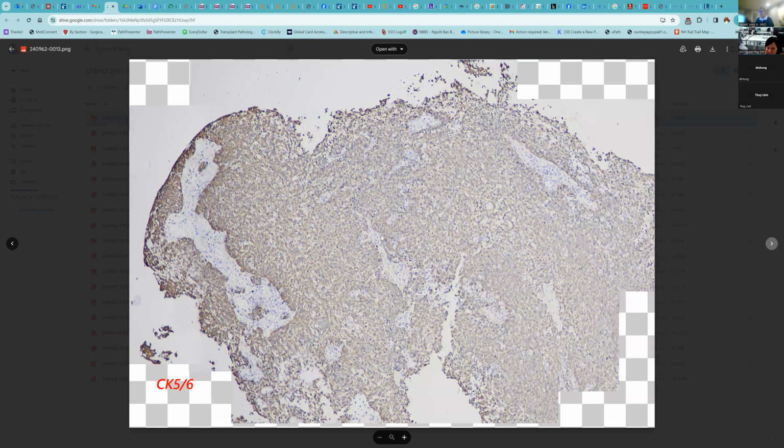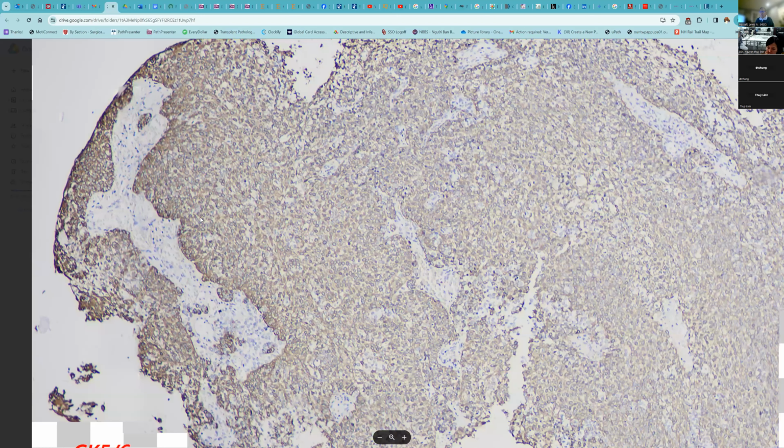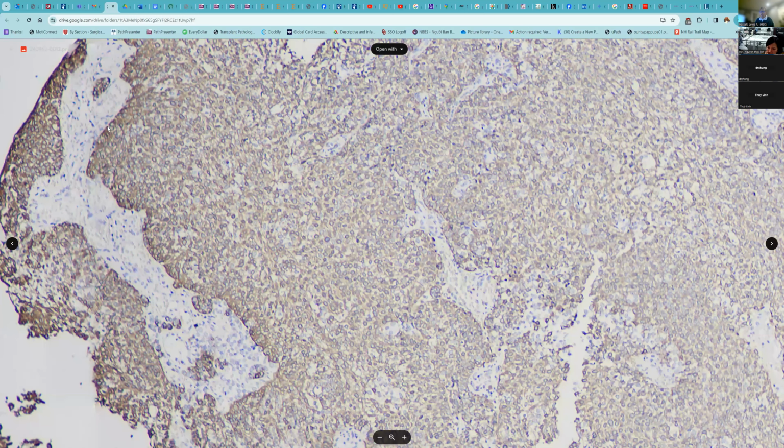And a little bit of CK5/6. This is a little bit on the weak side, but as you see towards the edges, you're getting more staining. So this is, I think, a weak positive stain with CK5/6.